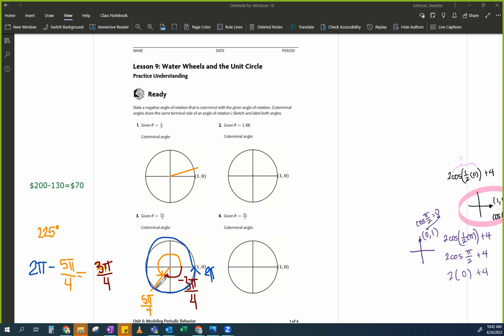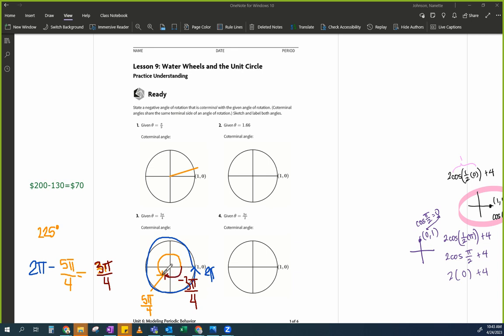Very good. Here, I'll give you a hint. Ms. Johnson, how many names does this angle have? A lot. So you are looking at 2 of them right now, the positive version and a negative version.